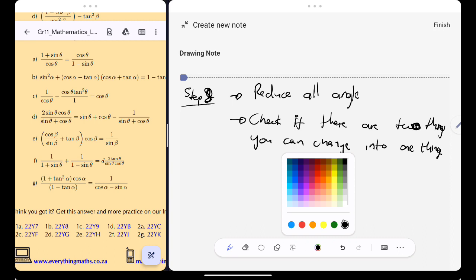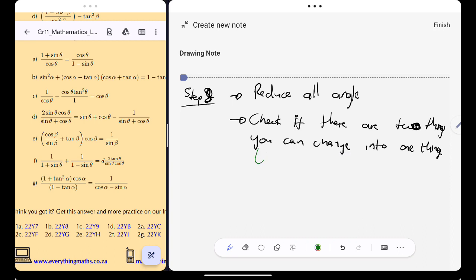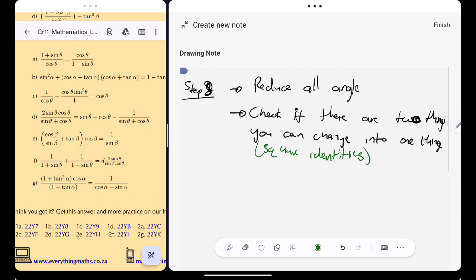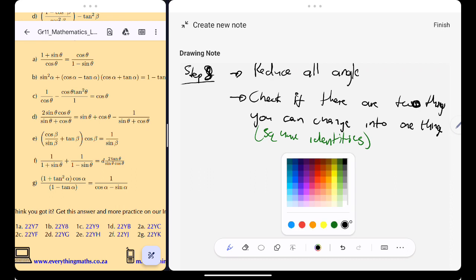Basically, this thing directs you straight to the square identities. Are we together?